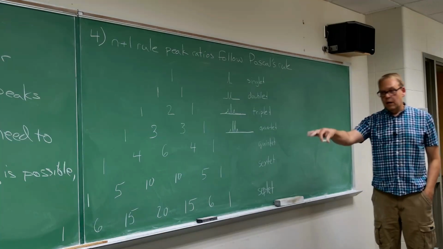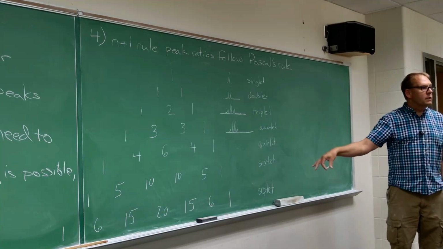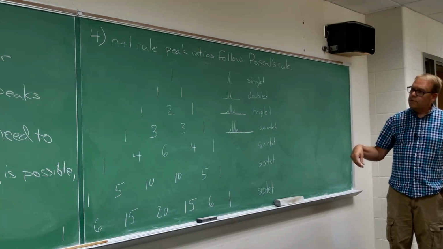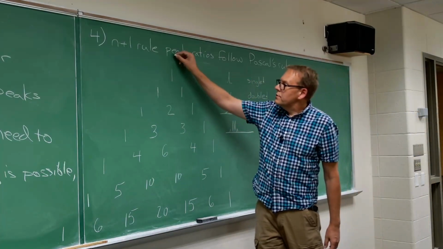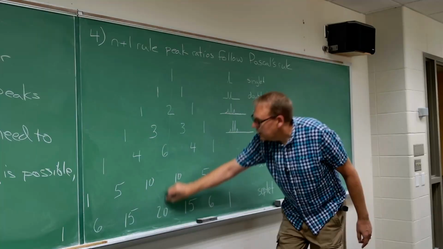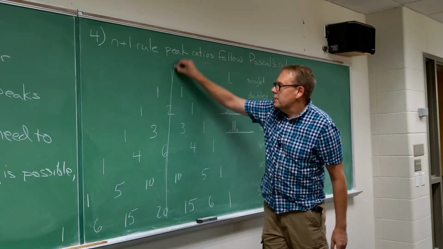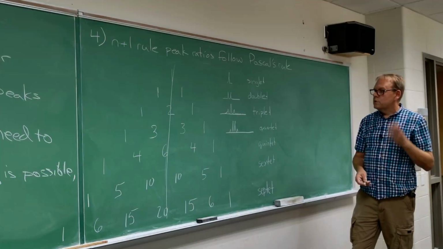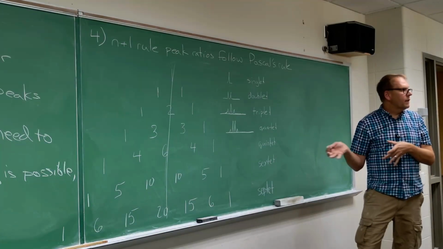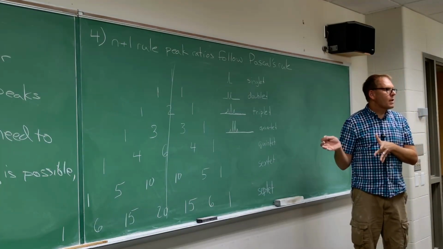But it's the number of peaks and then the areas of the peaks. And the other thing you'll notice is that these are all symmetrical about the middle point. So Pascal's triangle is symmetrical. In other words, the left and the right sides are mirror images. So it'll always be like that with n+1 splitting.